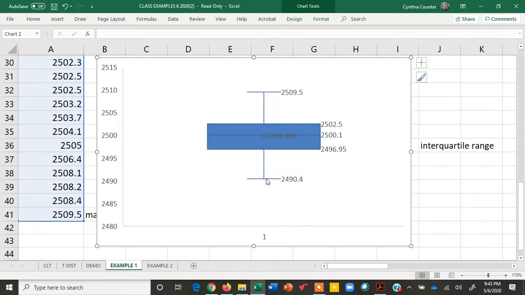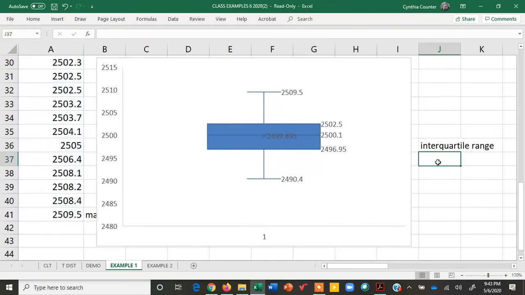And the way they determine where it ends and what's an outlier is this interquartile range. If you're more than 2.5 times that, you get an upper fence. Less than 2.5 times that distance, you get a lower fence. So anything beyond 2.5 times this interquartile range is an outlier.